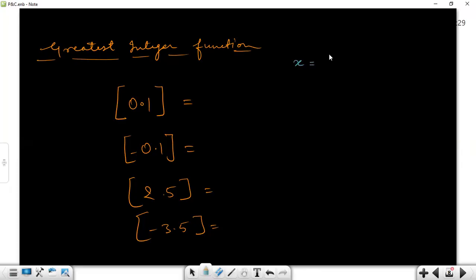Any number can be expressed in these two parts. The integer part has to be an integer, and the fractional part can only be positive. So let's say if we have to write 0.1, it is 0 plus 0.1. For 2.5, it is 2 plus 0.5.